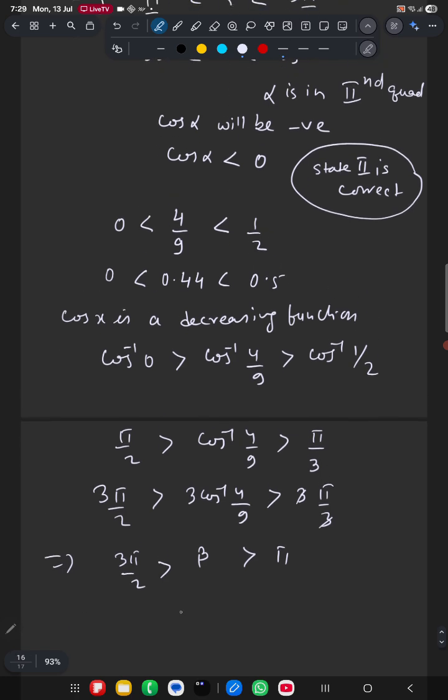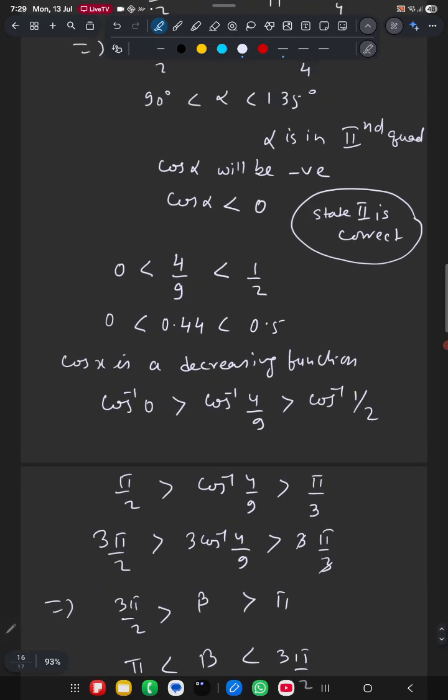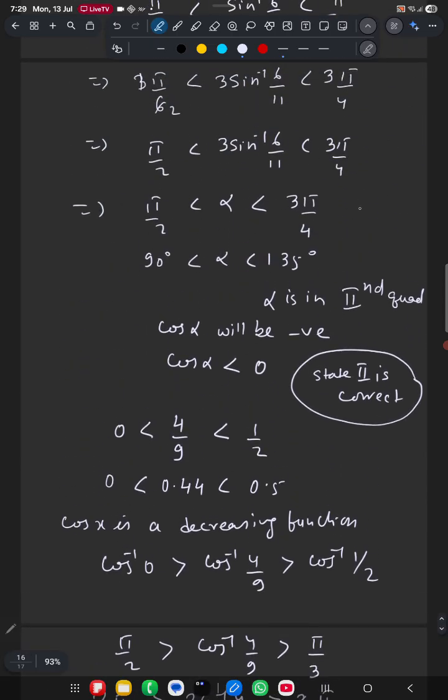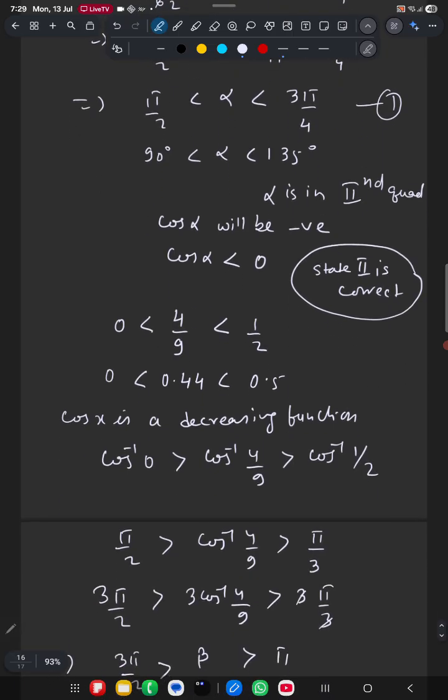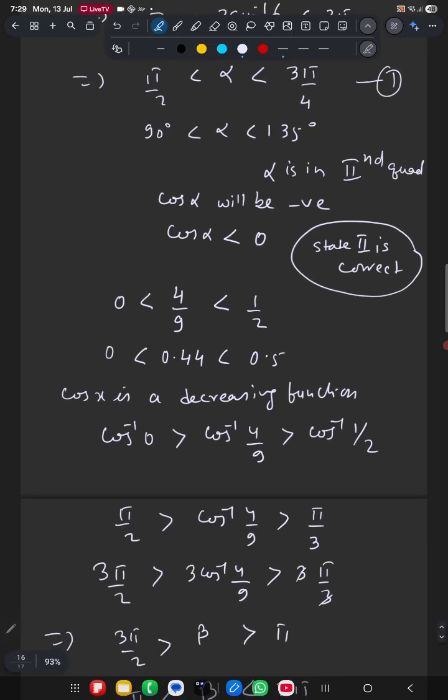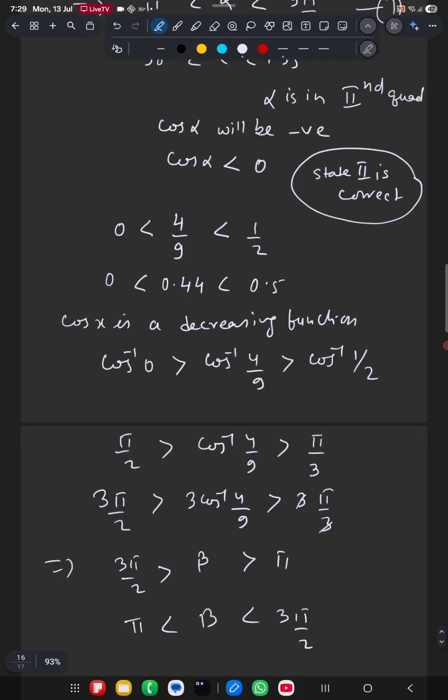You can write it like this: beta is greater than pi and less than 3 pi by 2. Call this equation 2. Suppose alpha lies between pi by 2 and 3 pi by 4, equation 1, and beta lies between pi and 3 pi by 2.